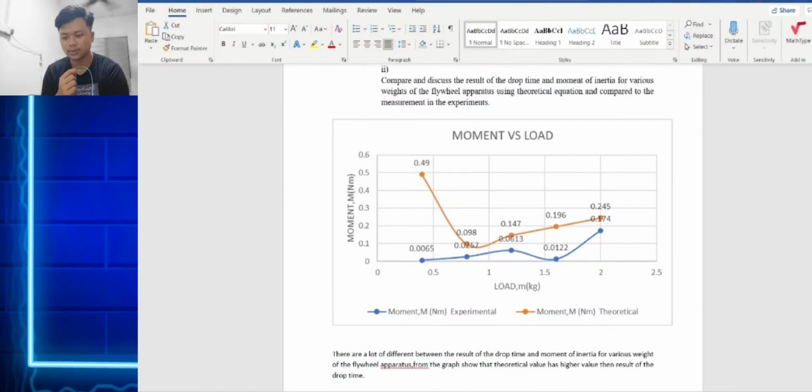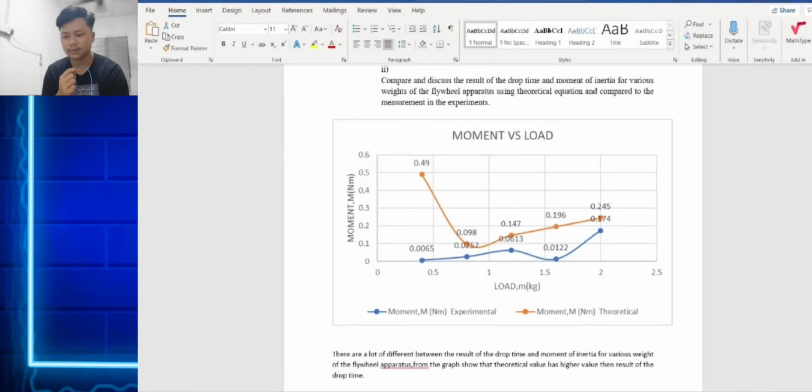So next we go to question number 2. Compare and discuss the result of the drop time and moment of inertia for various weights of the flywheel apparatus using theoretical equations and compare to the measurement in the experiment. To compare this, first of all I make a graph, so that we can easily understand how big the difference is between the drop time and the theoretical moment.